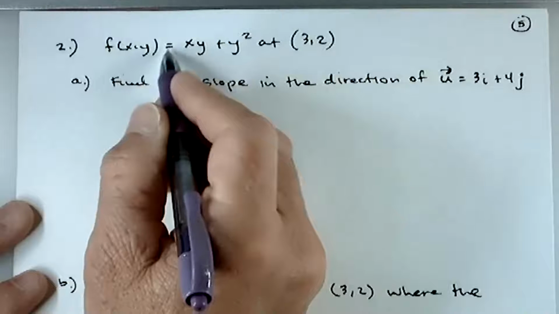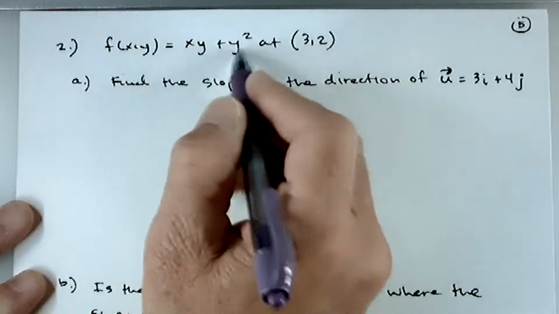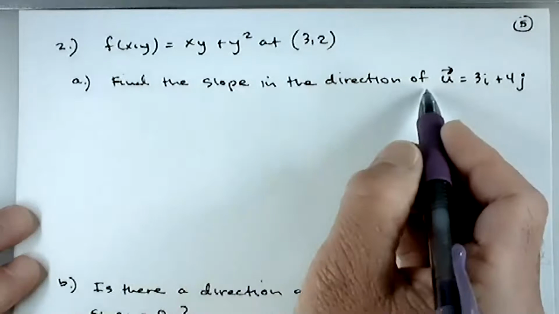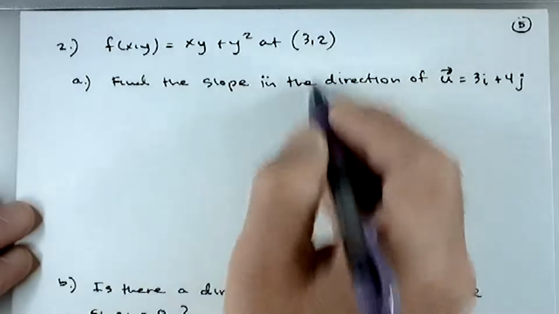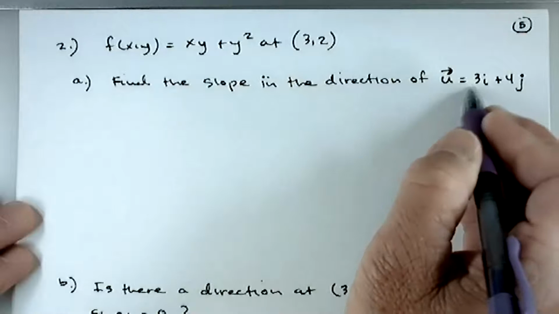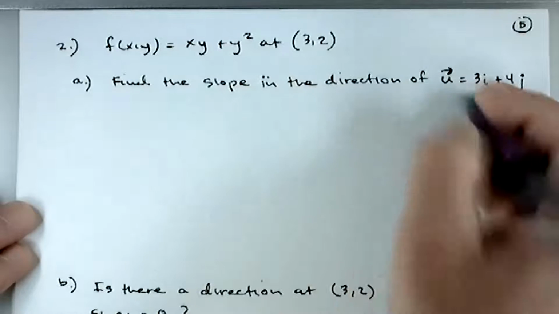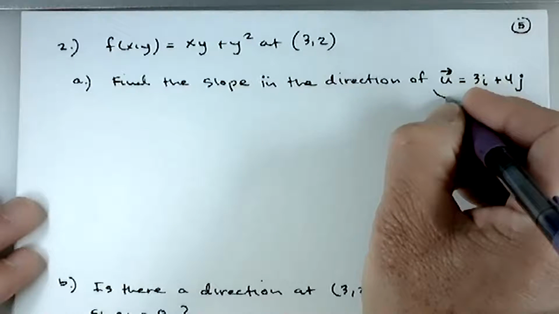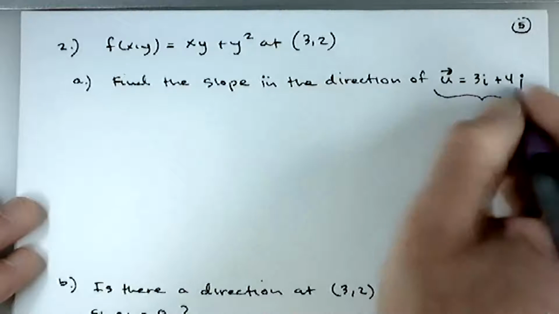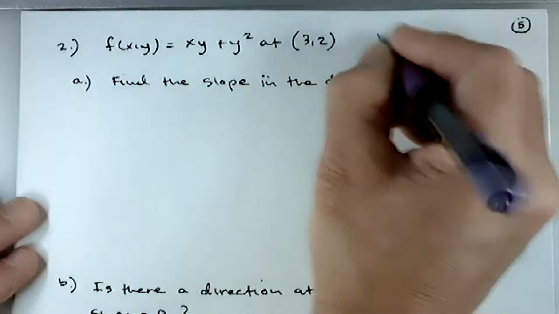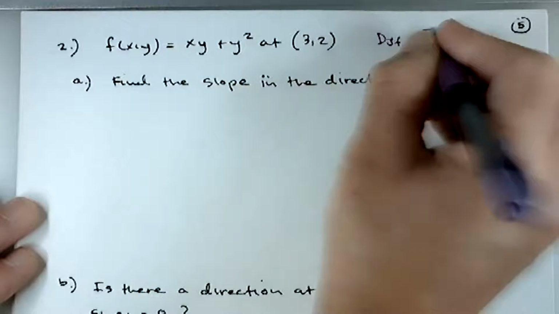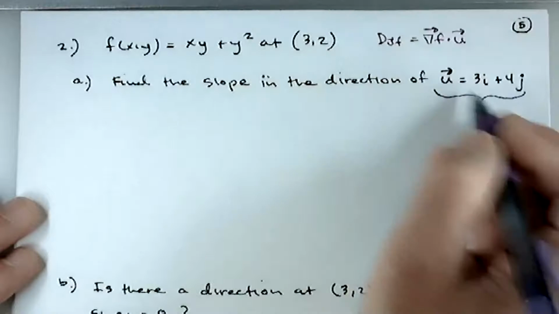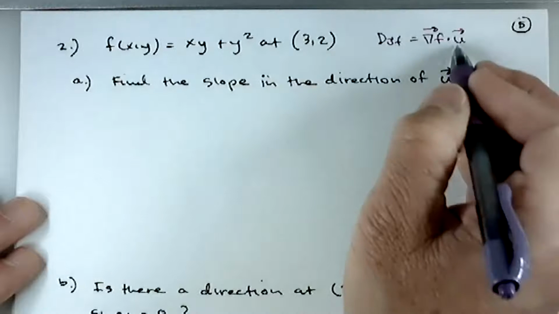Of course, there's a z value too, which I could find by plugging 3 and 2 in. But it's as simple as this. They will give you a point and they might say, find the slope at this point in the direction of some vector. And this is what I was mentioning before. I don't like that WebWorks does this. Our formula is the gradient dotted with u, but that ain't this, okay?